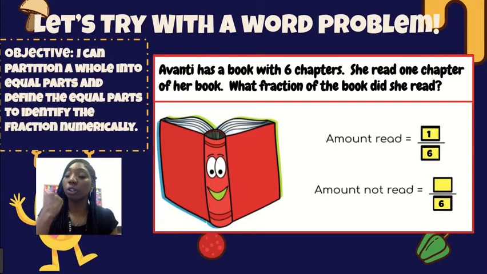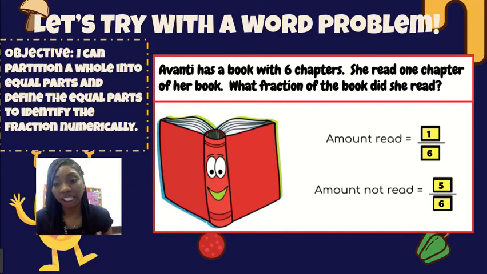We have 1, 2, 3, 4, 5, 6. 5. So I know that 5/6 is the fraction of the chapters she did not get to read left. Because when she reads the entire book, she will have 6 out of 6 chapters read.